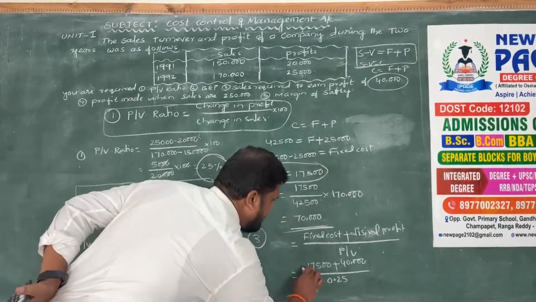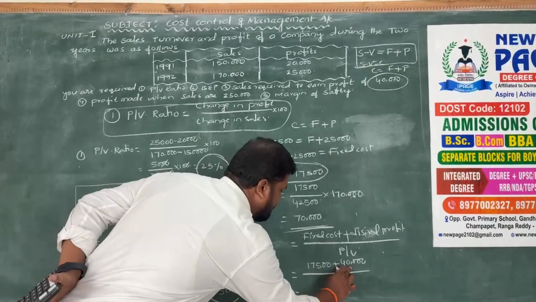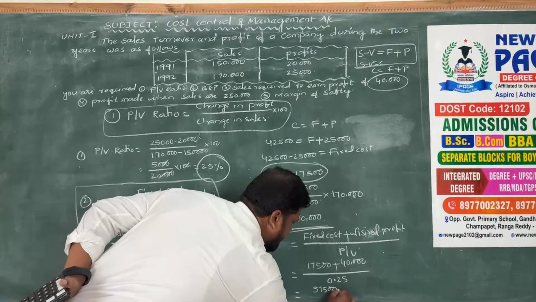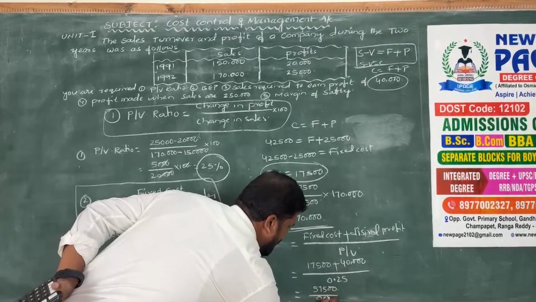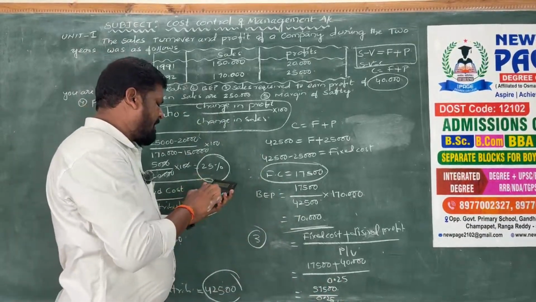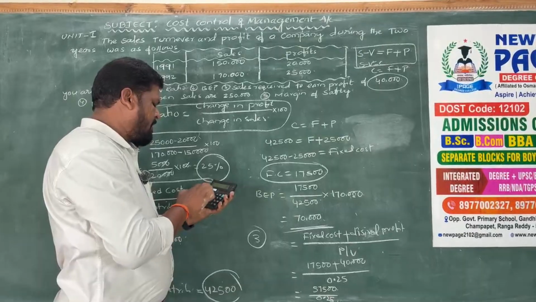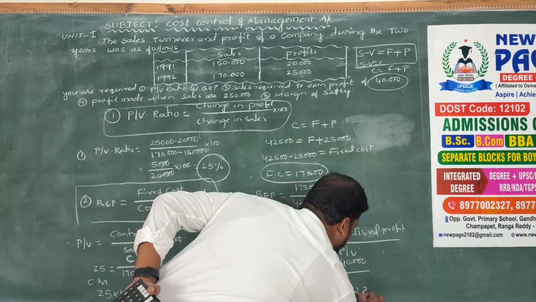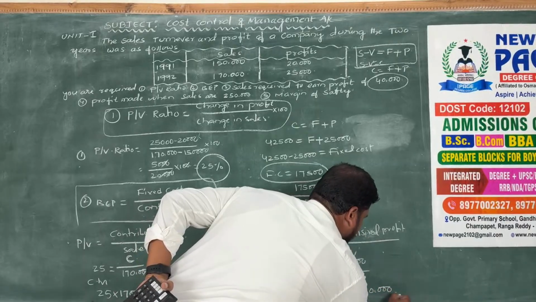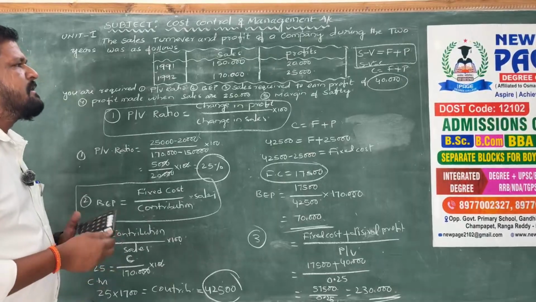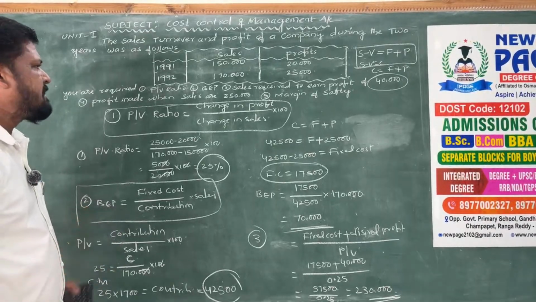So it is equal to 17,500 plus 40,000, which is 57,500, divided by 0.25. 57,500 divided by 0.25 is equal to 2,30,000 sales. 2,30,000 is sales. Right? Okay.